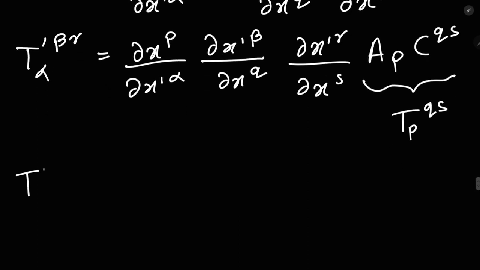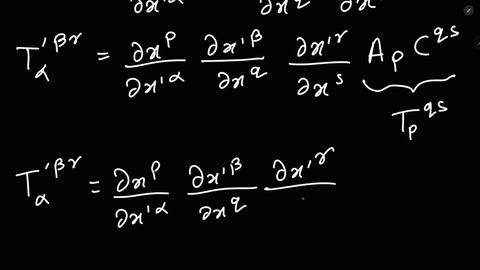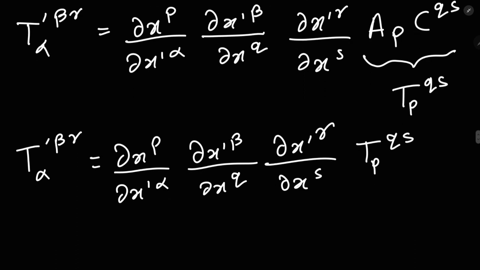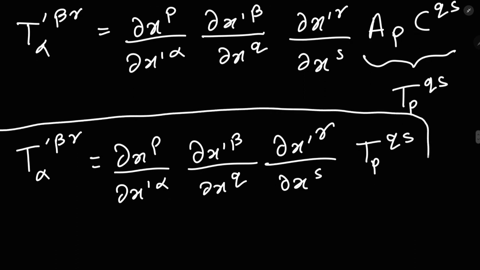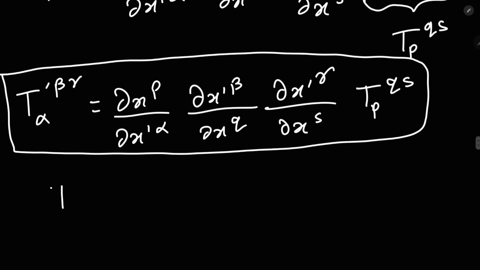So we have T prime beta gamma alpha is equal to del x p upon del x prime alpha, del x prime beta upon del x q, del x prime gamma upon del x s, T q s and p in the lower. So from here you can see that T alpha beta gamma indeed transforms like a tensor.